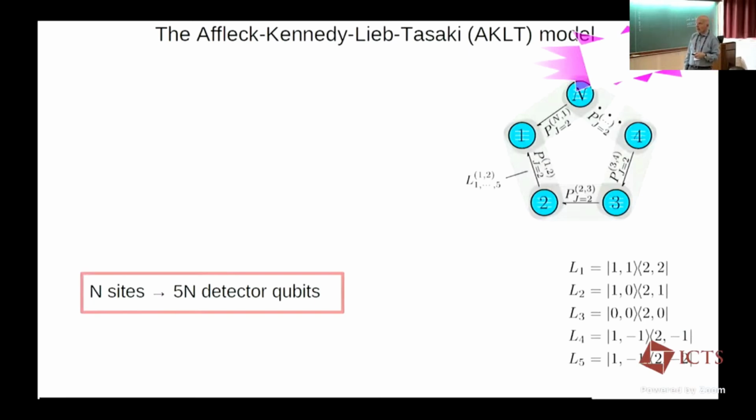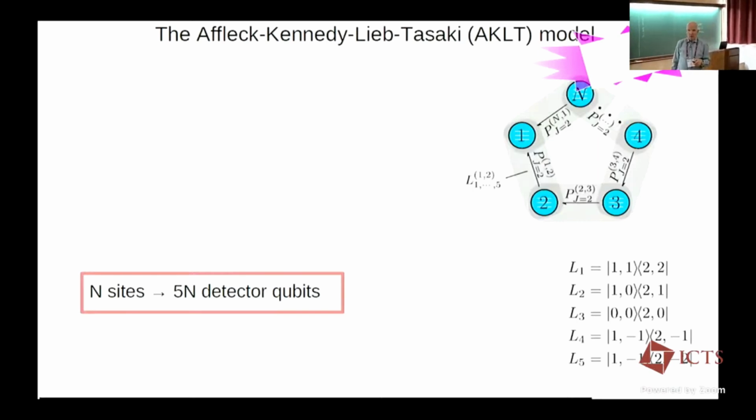And what I want to do is apply a measurement protocol, apply a system detector Hamiltonian that will take components from the sector total spin equals 2 and move them to either the sector total spin equals 1 or total spin equals 0.